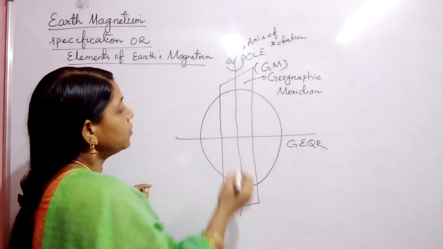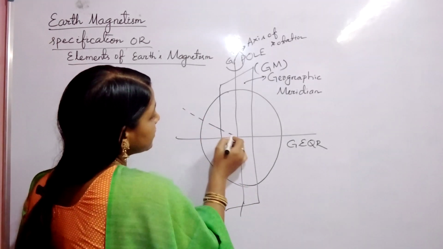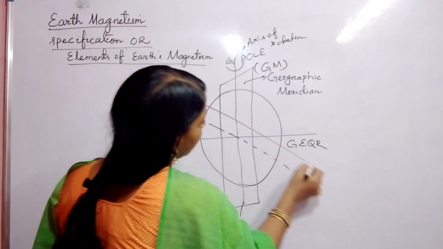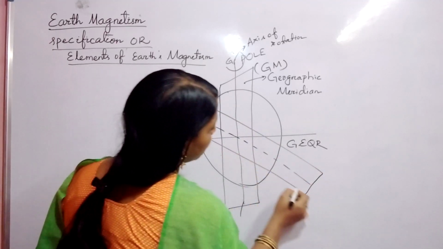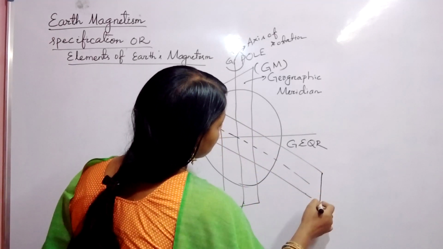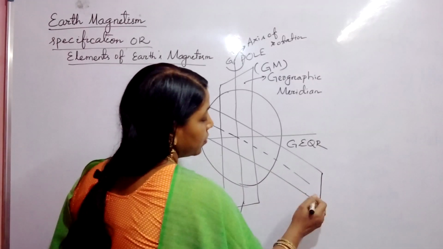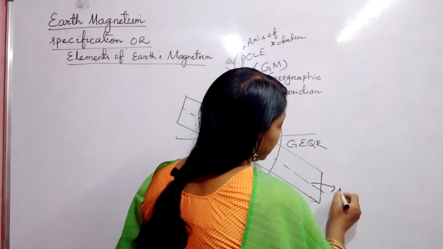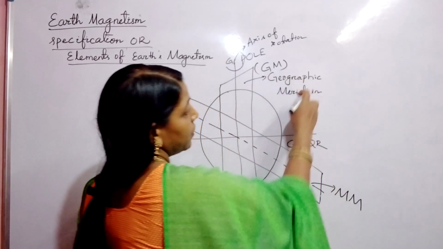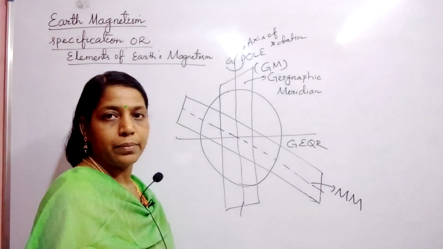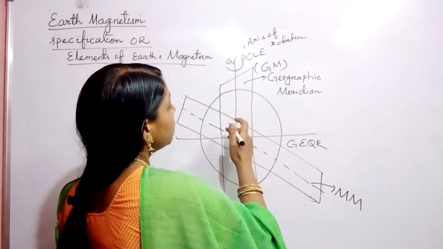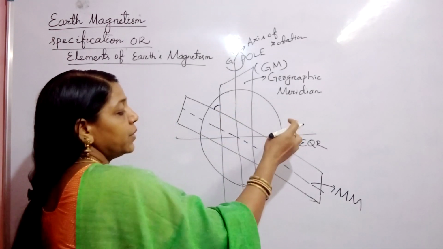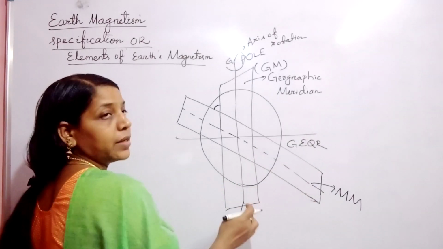Fine. Now you know about our magnetic axis. Similarly, the plane which is passing through your magnetic axis is called magnetic meridian, MM. Geographic meridian, this is magnetic meridian. Now, how much is the angle between the geographic meridian and the magnetic meridian?